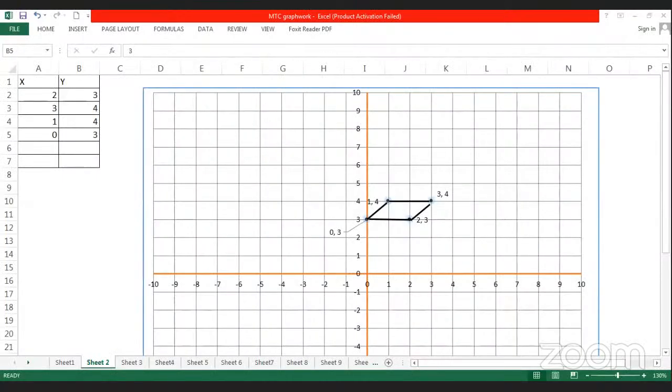My internet had disconnected, but we are going to the next one, which is this figure. I was asking which figure it is after joining our points. You can try.